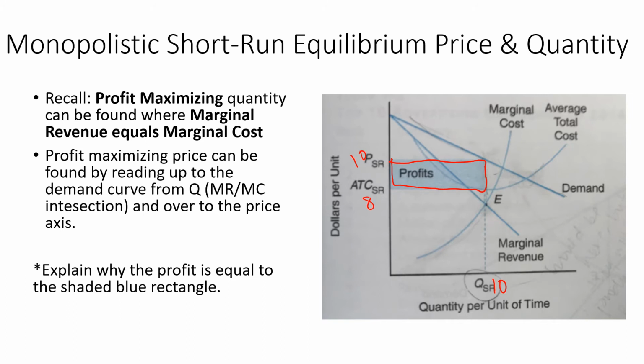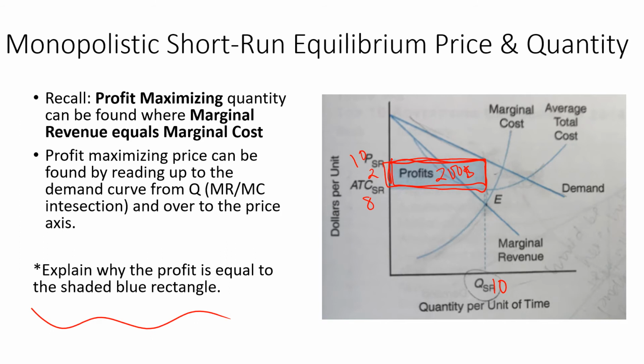So I'm basically telling you that the profits are the area of this little blue box, which would be, the height of this is 2 and the quantity is 10, so I'm saying it would be $200. So I'm asking you, why is that the case?